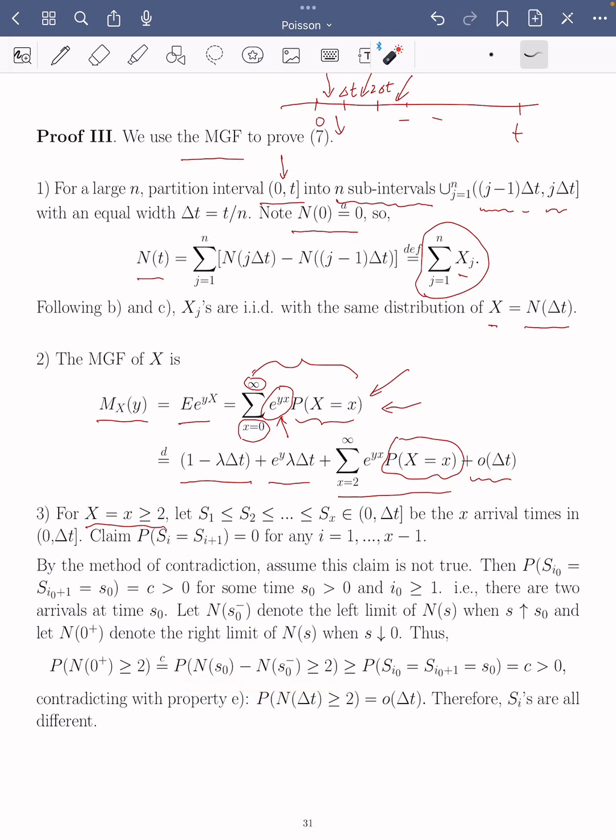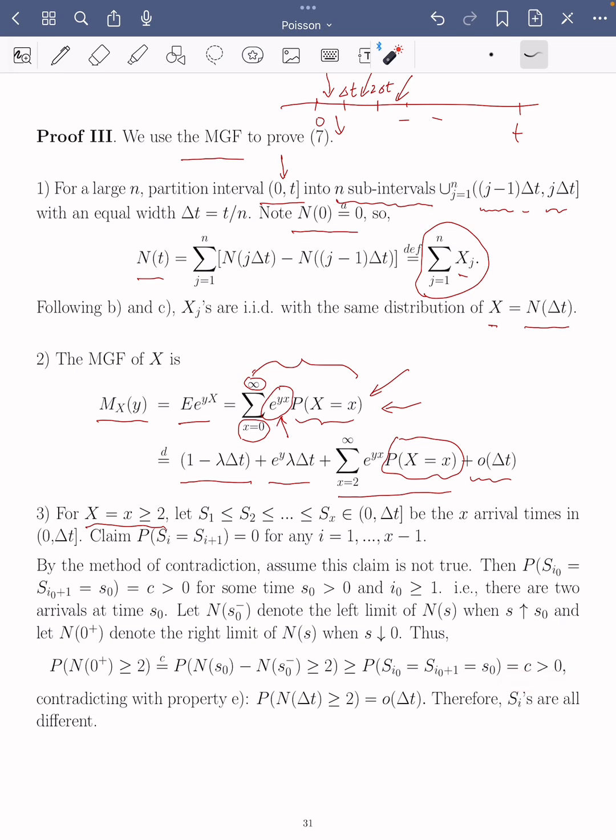And this event just contains the event that S sub i naught equals S sub i naught plus 1 equals S naught. But this probability is equal to C by our assumption. So we conclude that the chance that N0 plus is bigger than or equal to 2 is a constant value C, which is larger than 0.